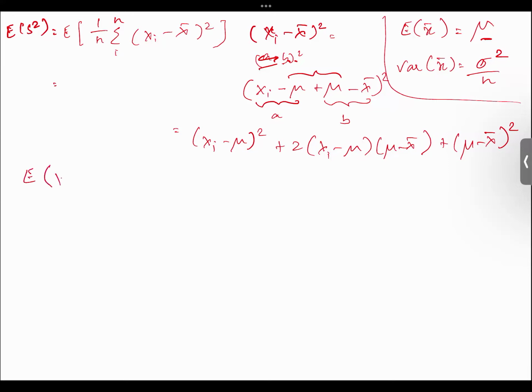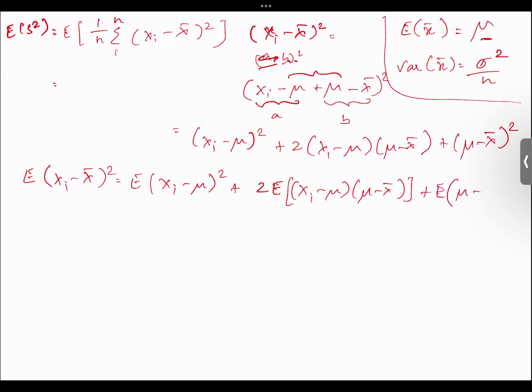So expectation of (xi minus x bar) the whole square is equal to expectation of (xi minus mu) the whole square plus 2 into expectation of (xi minus mu) into (mu minus x bar) plus expectation of (mu minus x bar) the whole square.